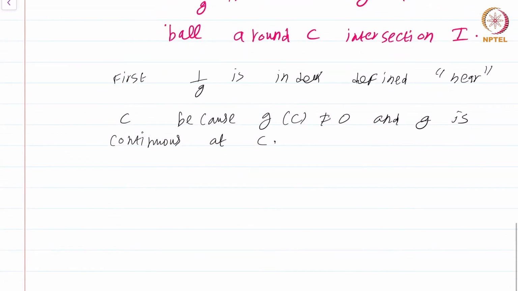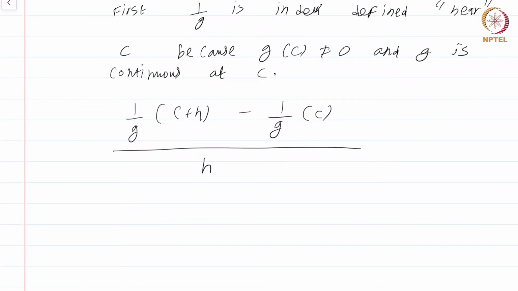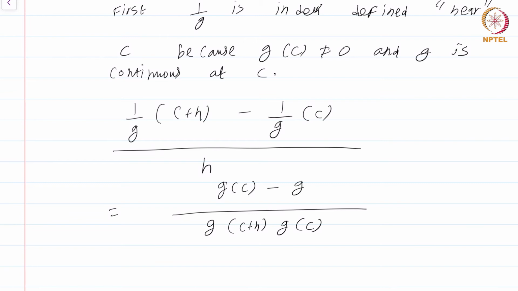Now, let's write down what the derivative of 1 by g has got to be by writing the quotient. We need to compute 1 by g of c plus h minus 1 by g of c, divided by h. Well, that's rather easy. We just take the LCM and this will give you g of c plus h times g of c in the denominator, and in the numerator we will get g of c minus g of c plus h, and this h which was originally there will go here.